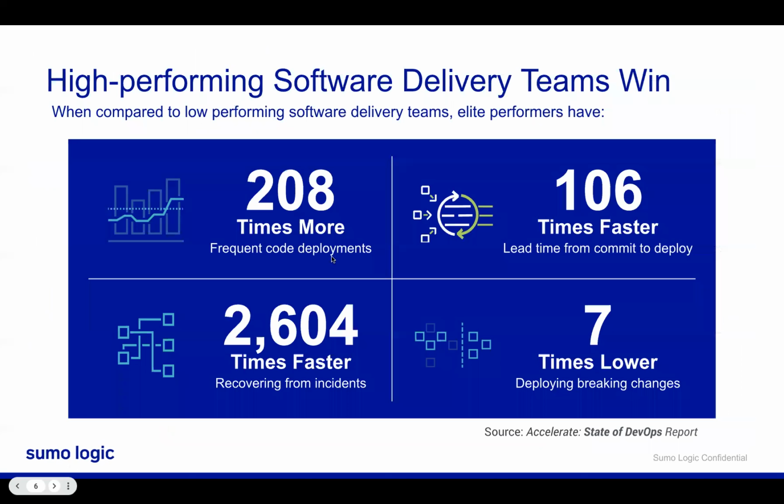Then we will talk about, of course, in the software world or anywhere, the teams and these metrics and findings which DORA has given as a benchmark. The teams who are high performers or elite performers have a much faster and more frequent way of code deployments, 208 times more than the low performing teams.